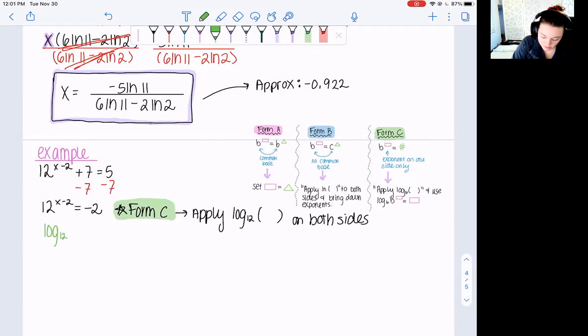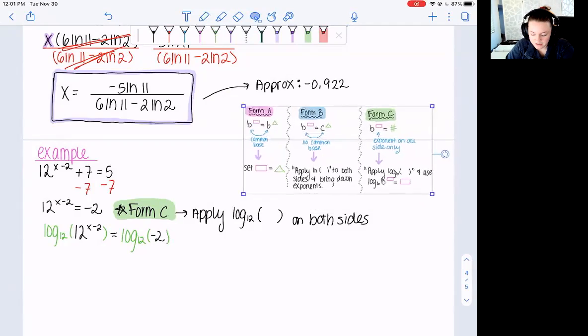So I'm applying log base 12 on both sides here: 12 raised to the x minus 2. And now I'm going to stop for a second. I applied log base 12 on both sides.